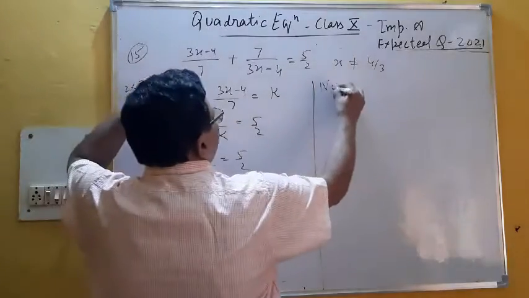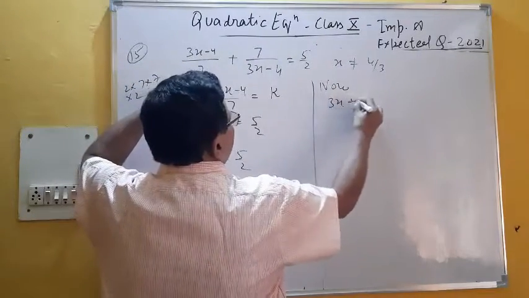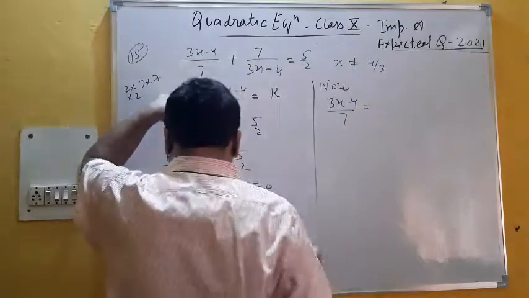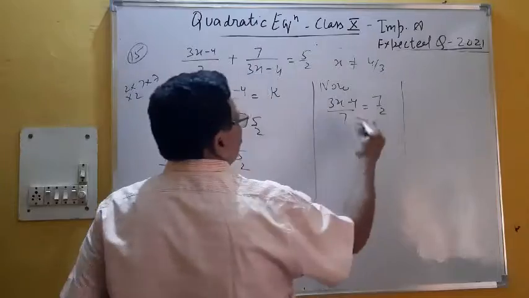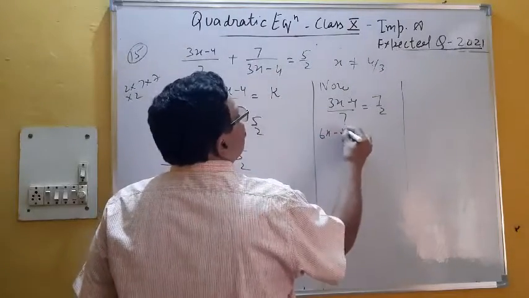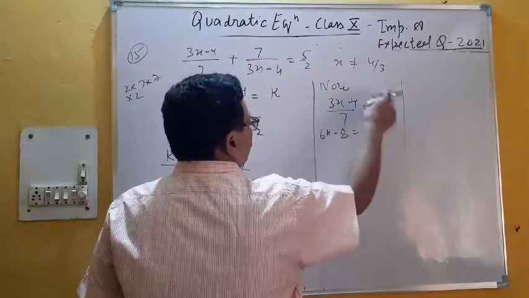Now 3x minus 4 upon 7 is equal to 7 upon 2. Solve this: 6x minus 8 equal to 49.